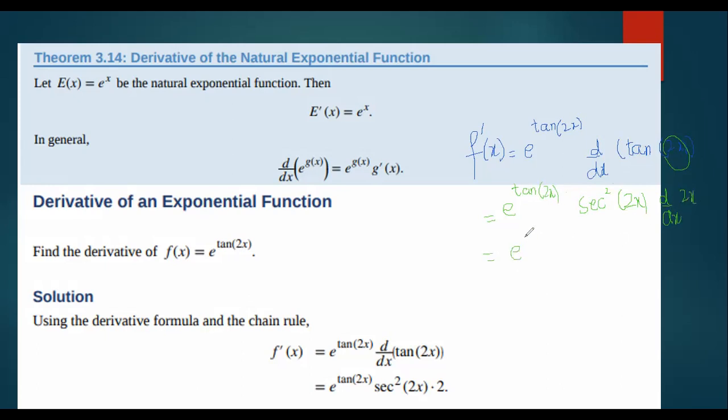So it will be e^(tan 2x) with secant square 2x, with this derivative equal to 2. So this is the answer for the function e^(tan 2x). So this is the method by which we find the derivative of any exponential function. Okay, let's move to the next slide.